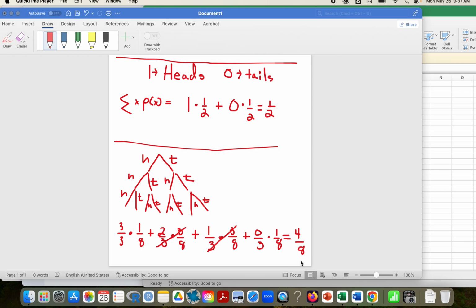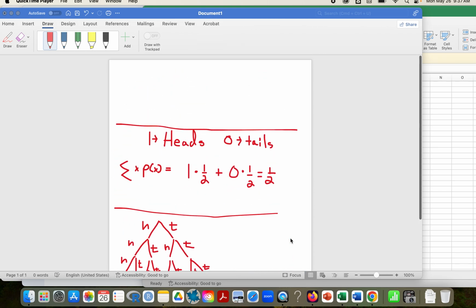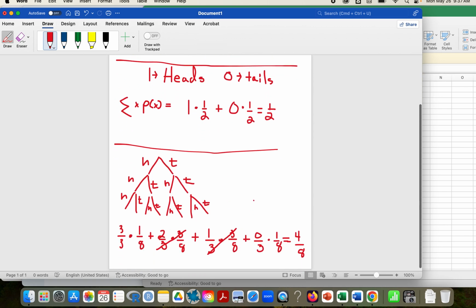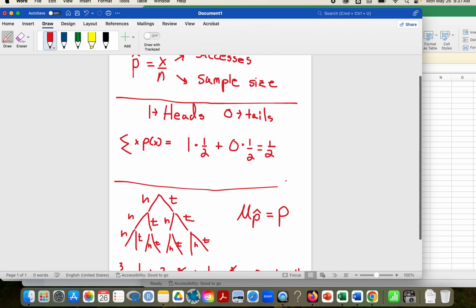So, the first thing I'm going to work with is discovering why the mean, and this is notation you're going to need to get used to, the mean for the sampling distribution of sample proportions is actually equal to just the population proportion.